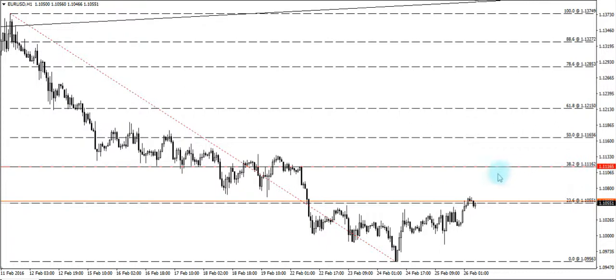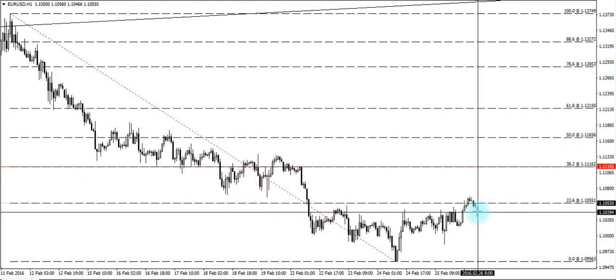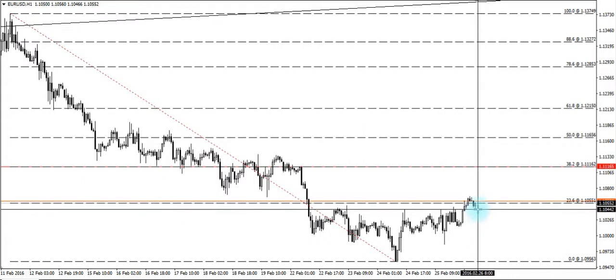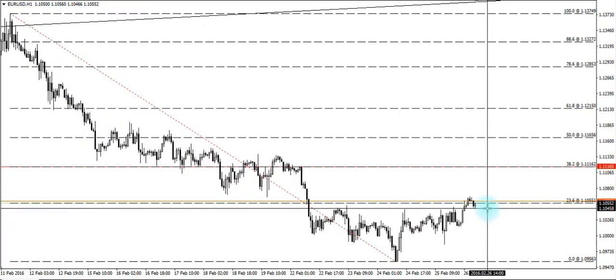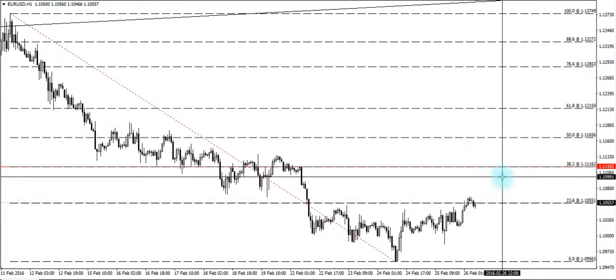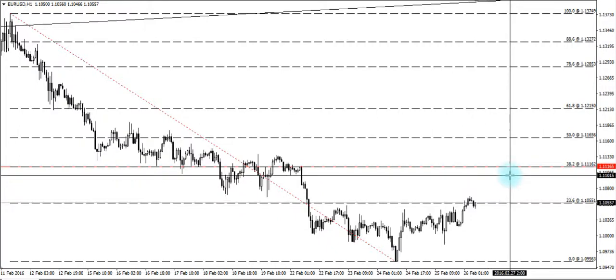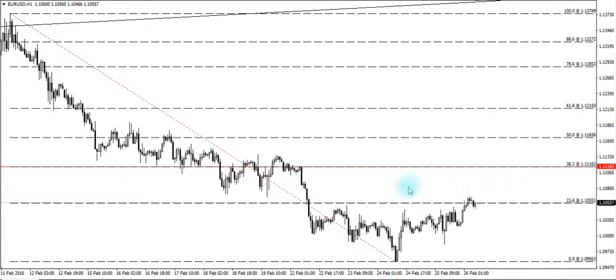Therefore, if you're looking for a buy opportunity, you may want to look around the price of 1.1046, which is right now, and towards the price of 1.1116, retracement level 30.2% will be the price to take profit. All right, so that's for the Euro against the US dollar.